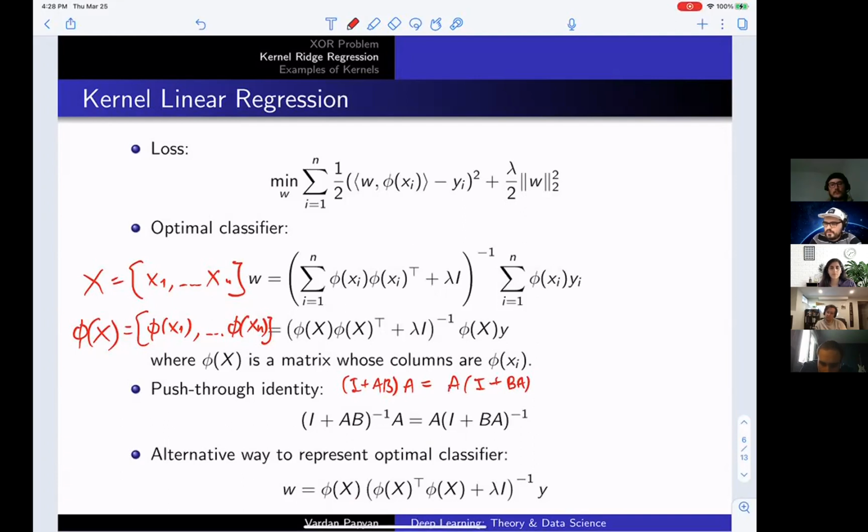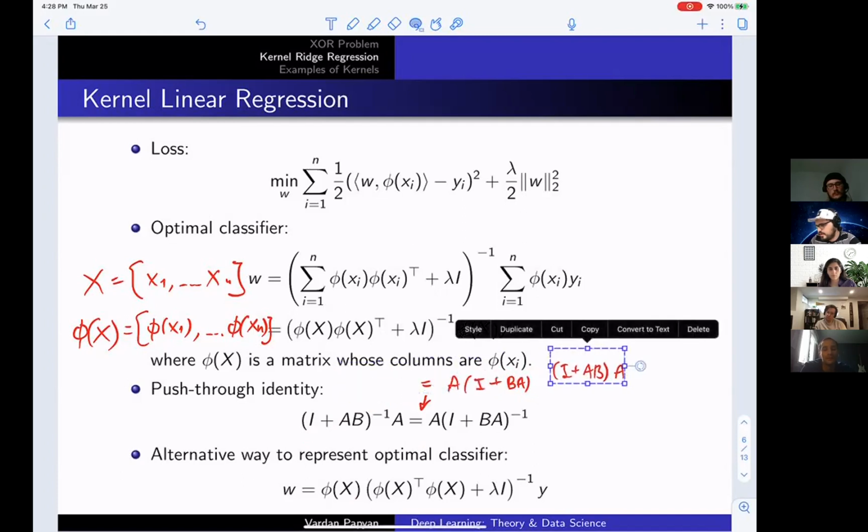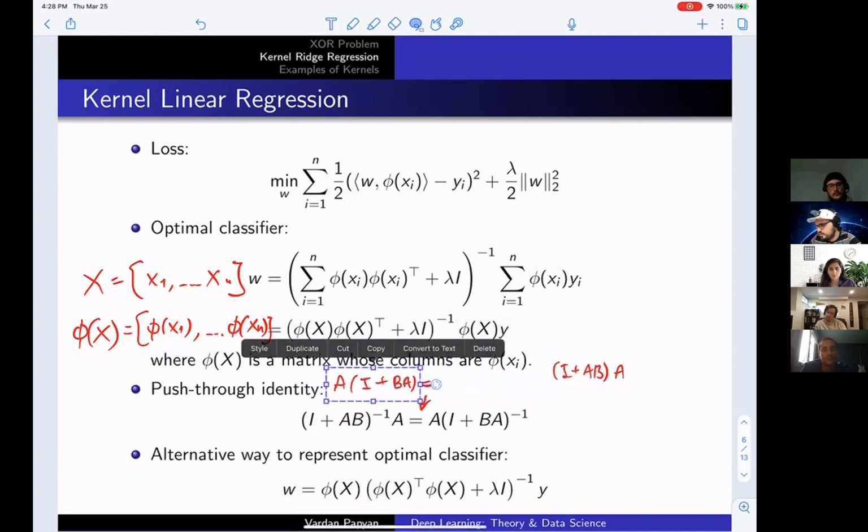And now if you multiply on the left and on the right by (I + AB) inverse, or (I + BA) inverse, you get this equation. Do you see it? So you just multiply by this thing on the left. I guess I should switch the order. Let me just switch the order, and then it will become super clear.